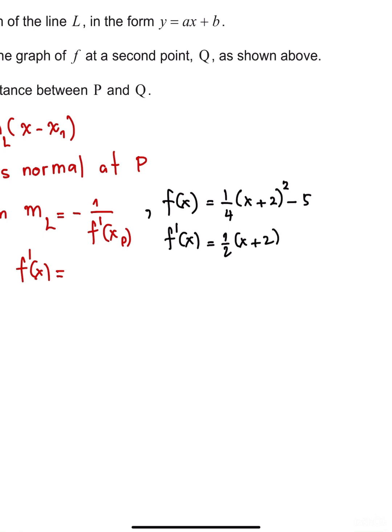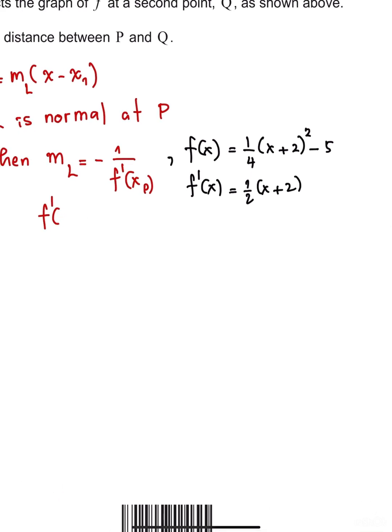Then f prime of xp, where P is the y-intercept, so the x coordinate of P must be 0. That will be 1 over 2 times (0 plus 2), which equals 1.